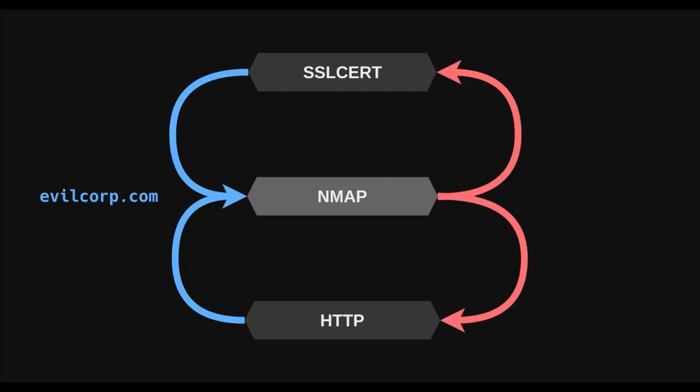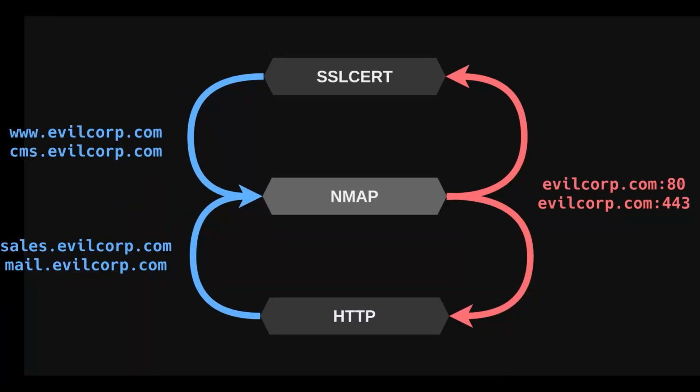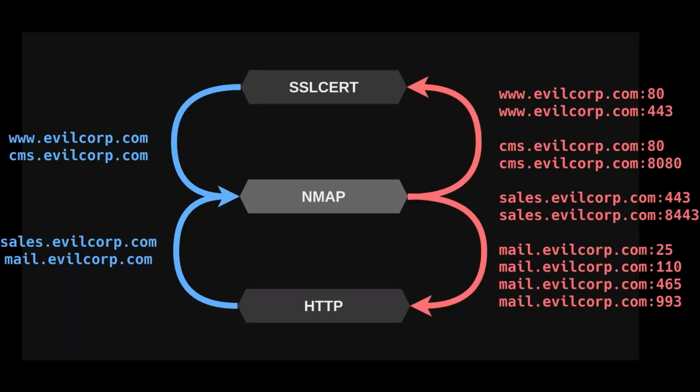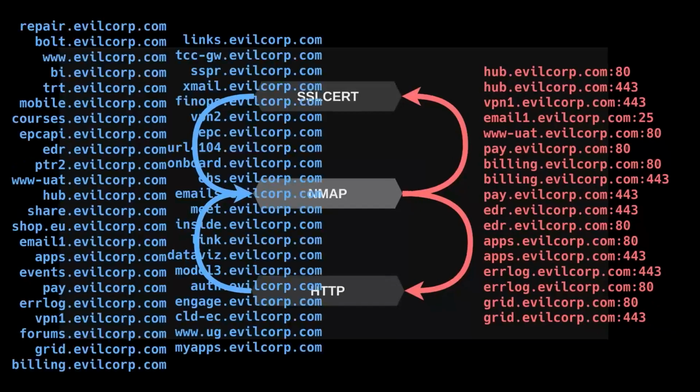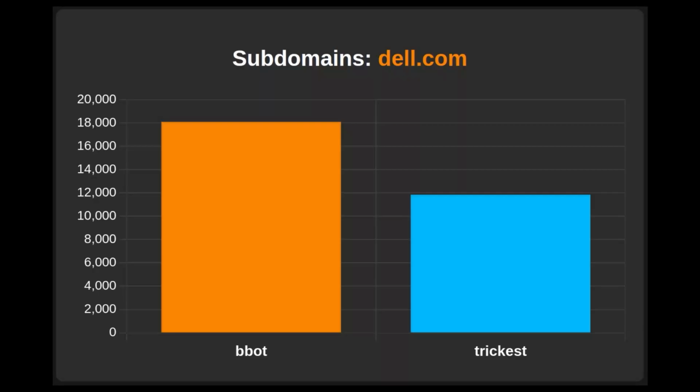As the example goes, you have a target, evilcorp.com, it's a host, it goes into Nmap, Nmap port scans it, finds open ports, and those open ports go into SSL cert, which extracts host names from the SSL certificate. HTTP extracts host names from the web response, which go back into Nmap, which generate more open ports, which generate more hosts, open ports, hosts, and so on and so on and so on. So you get this recursion going on, and this is what makes BBOT unique and what enables it to find more than any other tool.